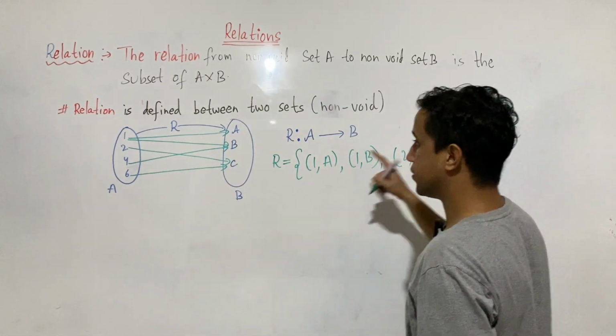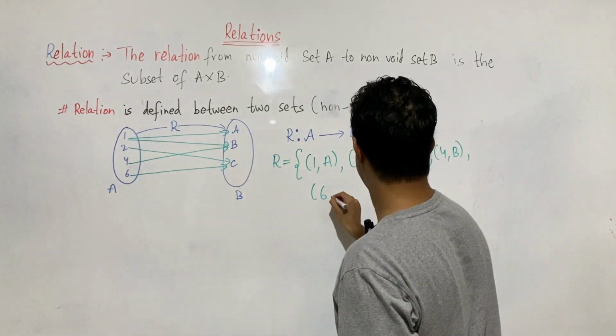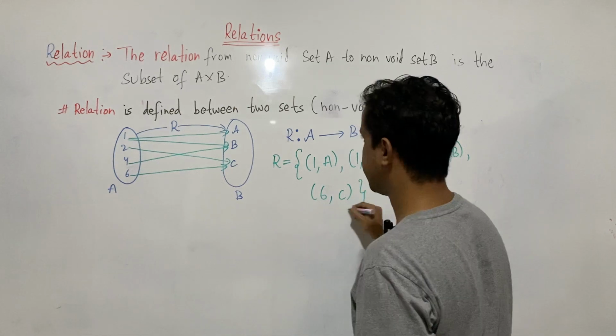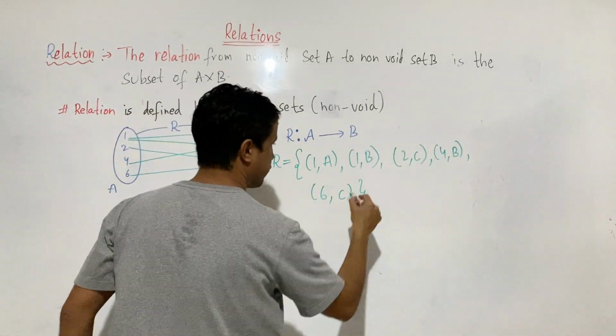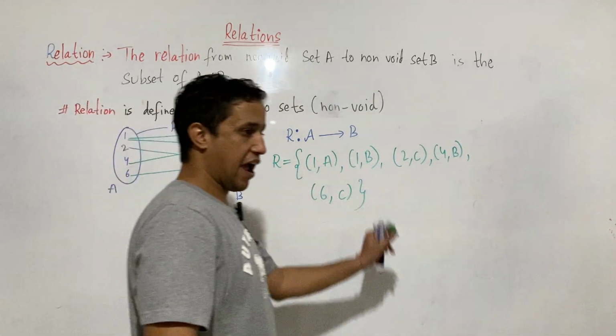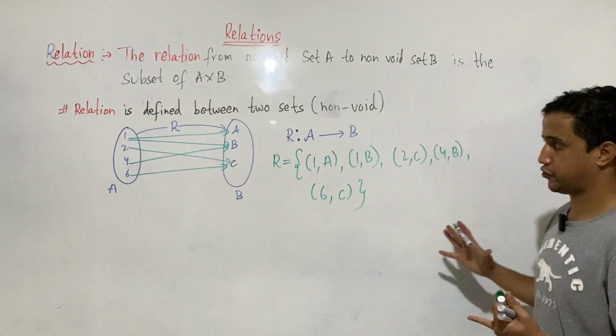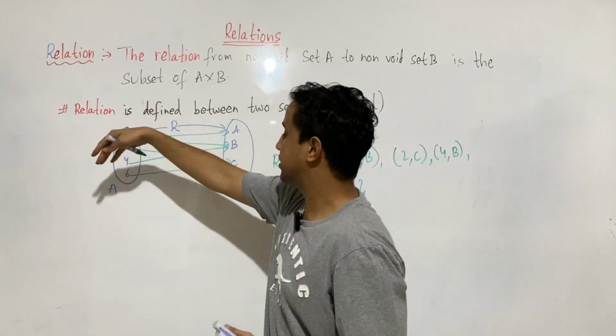Here 6C, right? 1, 2, 3, 4, 5. Okay, so in this relation, I have 5 ordered pairs. Okay, now come to the definition.